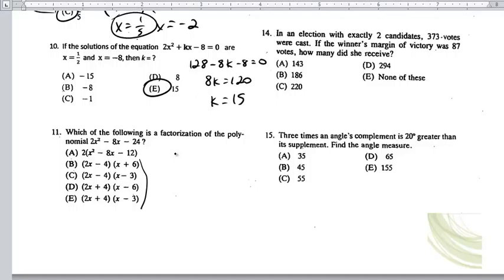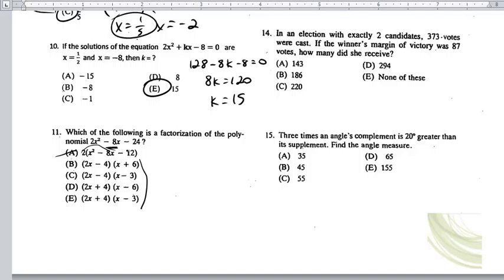So here's the deal. Let's kind of think about it logically. Do you guys agree that, first of all, the 2x squared has got to be a 2x and an x. This one doesn't work, by the way, A, because if you distribute this 2 and this 8, that's negative 16, and I need a negative 8x. Okay, so A is out of there.